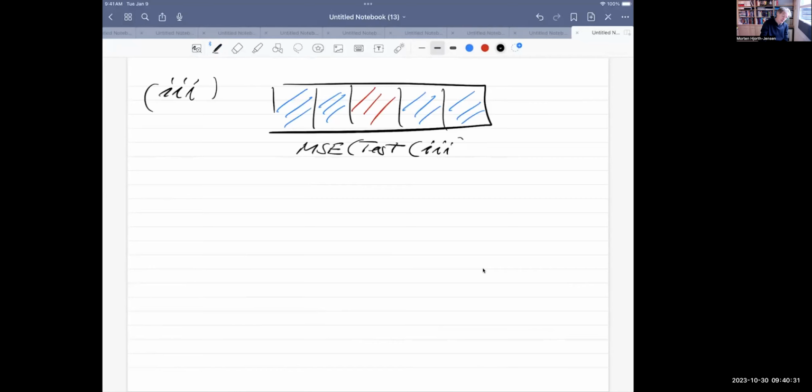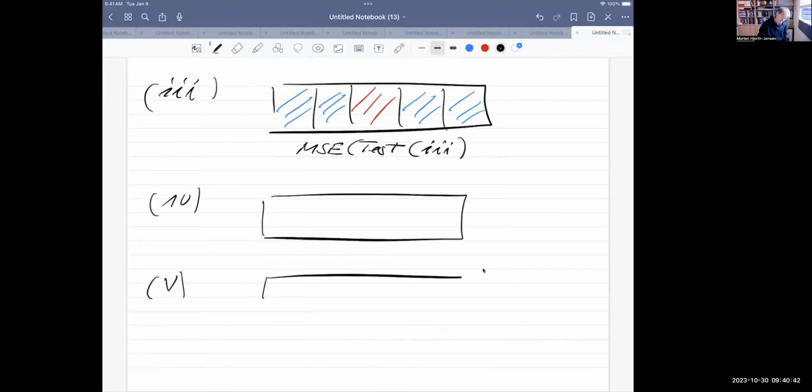And now I'm just going to draw the last slots here. So let me just put them up. That means that this would be the train case, and this would be the, no, sorry, the test case, and these would be the training cases.